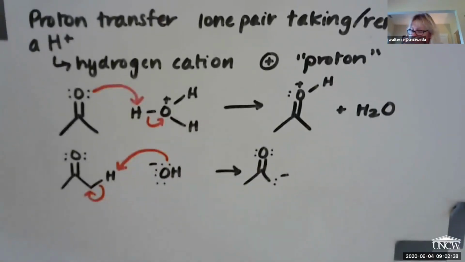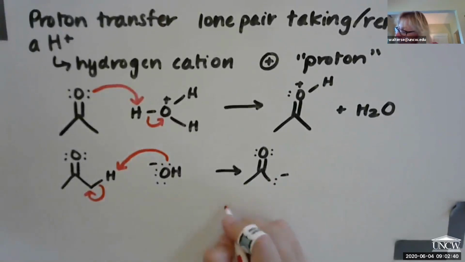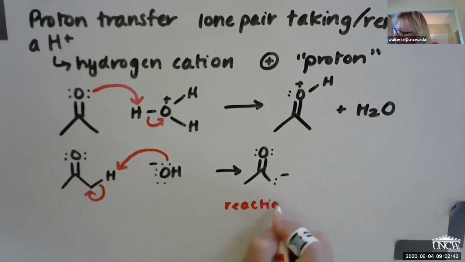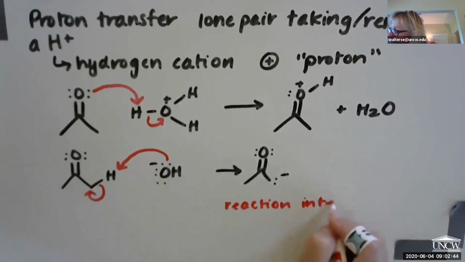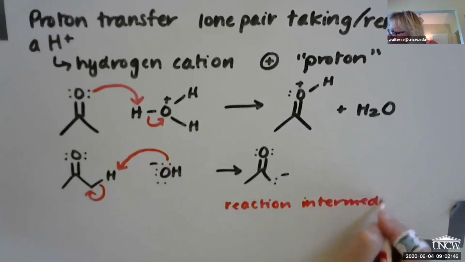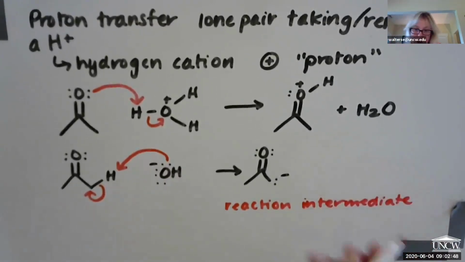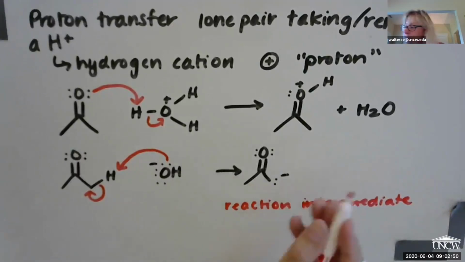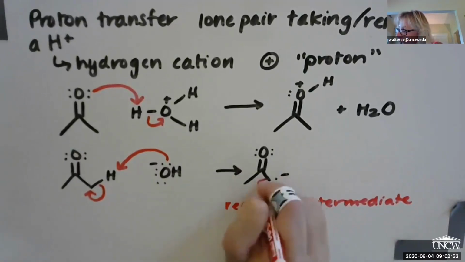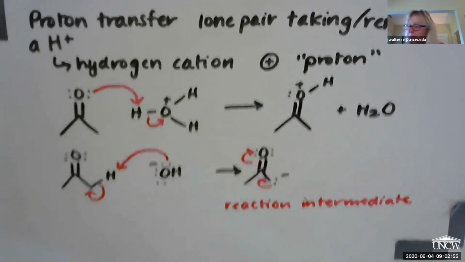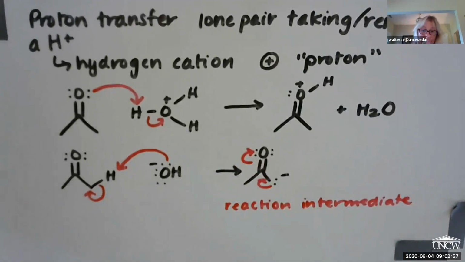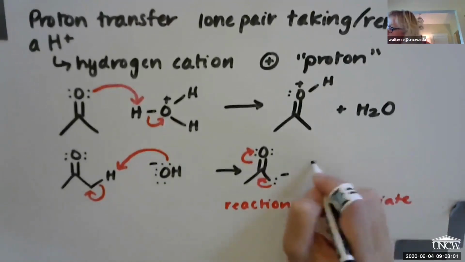This would be considered a reaction intermediate. It's not the product, but it's something that you make on the way towards forming the product. So when you write down that you have a reaction intermediate, you have to consider whether or not something is going to happen to that intermediate, or if your intermediate is stabilized by resonance.